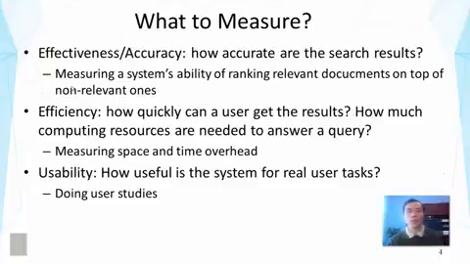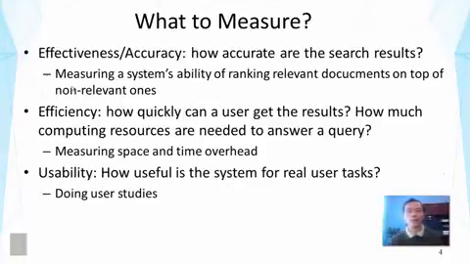The third aspect is usability. Basically, the question is how useful is the system for real user tasks? Here, obviously, interfaces and many other things are also important, and we typically would have to do user studies.